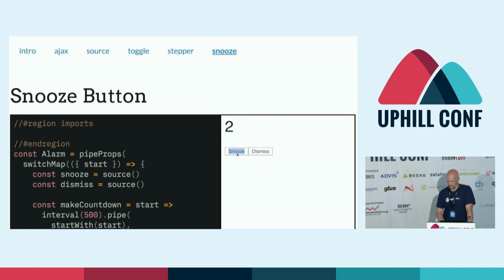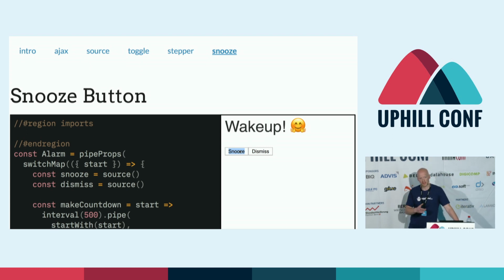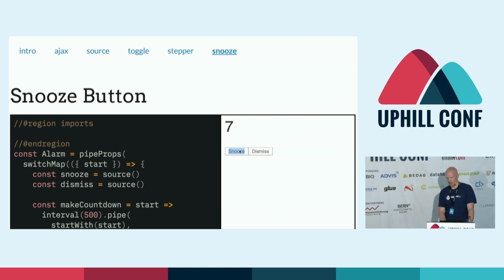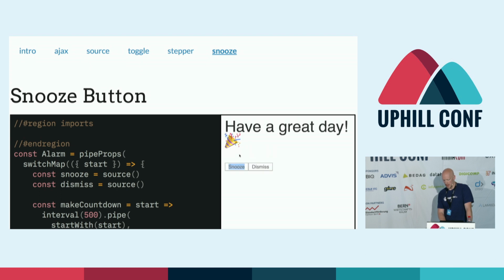Well, I could search for it on Google or something, but that button is prevented until that timer is done. Again, think for a second what you'd have to do inside of your own library to only activate a button when a timer is done, and then when you click on that button, re-enable it. And then when I click this dismiss, now I can't click on this button anymore.